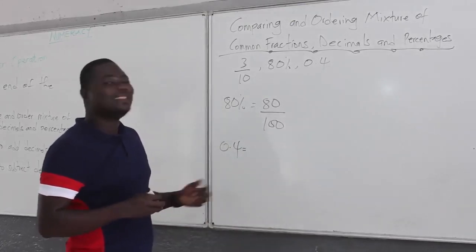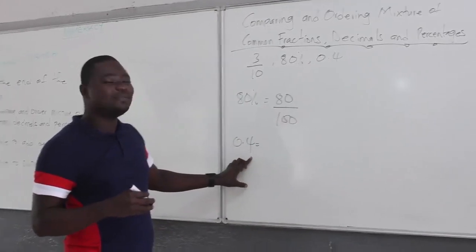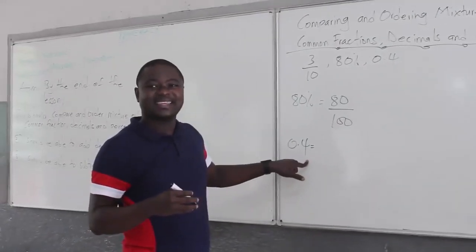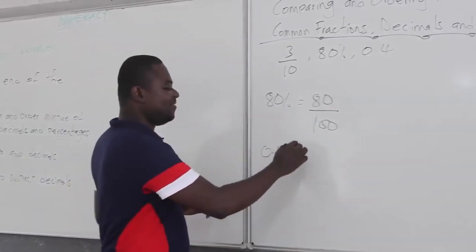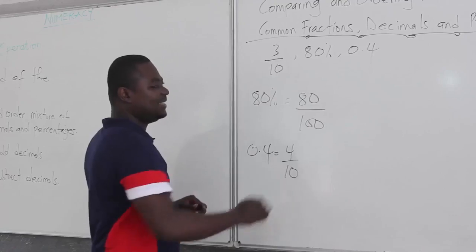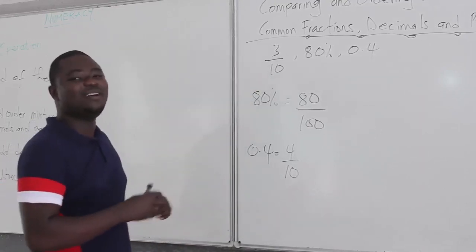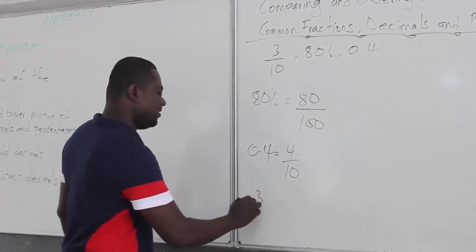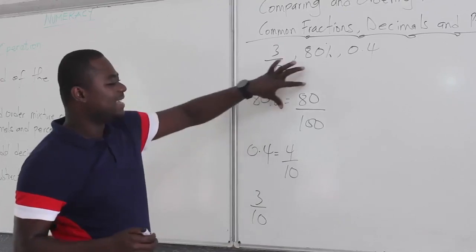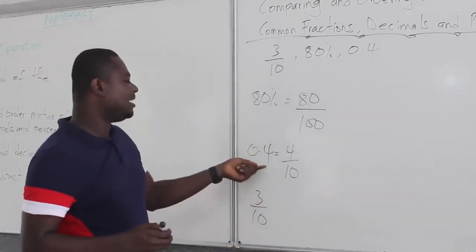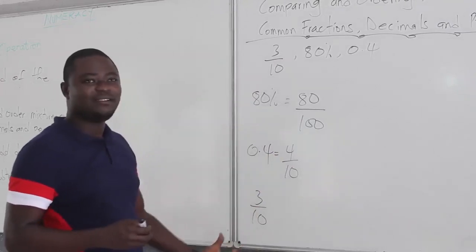This is one digit after the decimal point, so there is a 10, and it is written as 4/10. Now 3/10 is already a fraction. So we have 80 over 100, 0.4 which is 4/10, and 3/10 which is already a fraction.